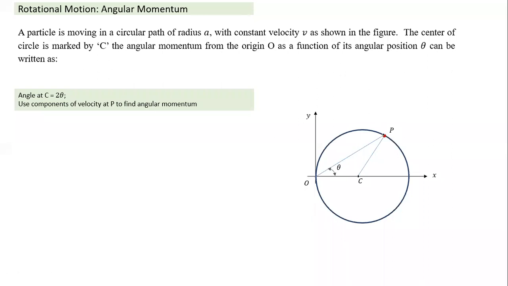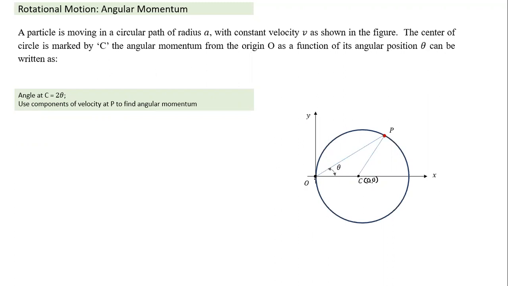So the magnitude of velocity is v. The center of the circle is marked as C. What is the angular momentum about this point, the origin? We can calculate angular momentum about C also, and about O also. Let's say at this particular instant the center is not the origin now. The center is somewhere here, with coordinates (a, 0).